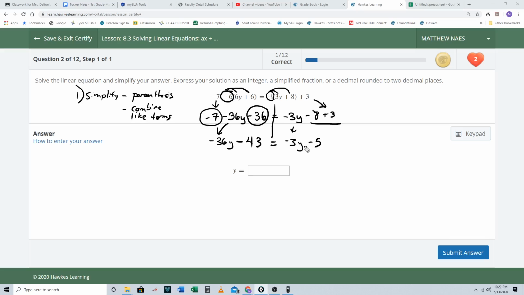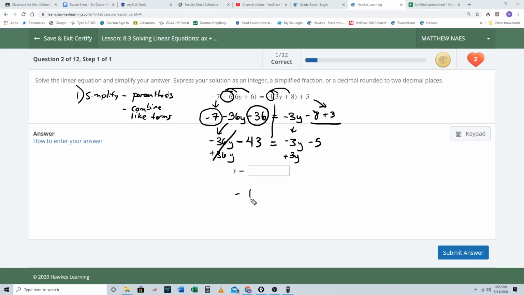All right, and now we have something similar to what we just solved in number 1. So I'm going to move the smaller of the two. Now, the odd thing is the smaller of the two here is actually the negative 36y because it's negative. That is smaller than negative 3y. So I'm going to add 36y over. That's going to cancel out here.